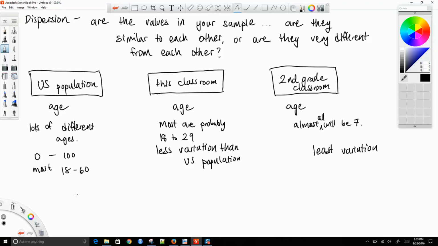And so we can just think of different groups of people. If we're thinking about age, that's one way. And you can think of other things, like the weight of an animal. Think of dogs: there's a lot of variation in the weight of a dog.